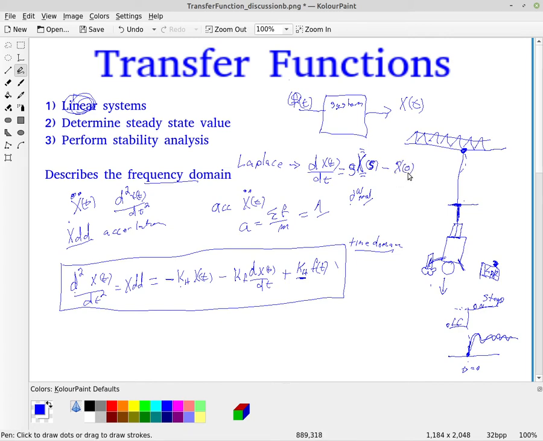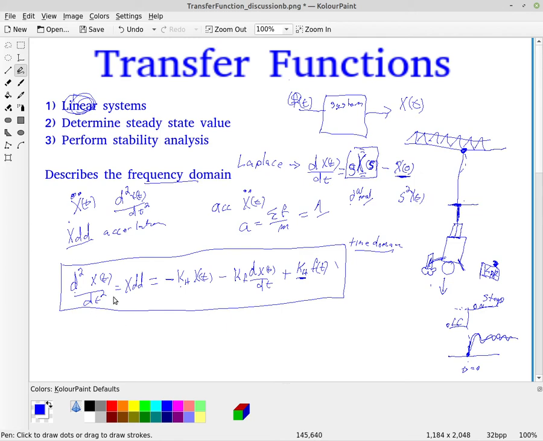As I already said, we're going to assume that the initial condition is 0. And so if you take the derivative, you just get s times X of s. And if you take the second derivative, you would just get an s squared times X of s.